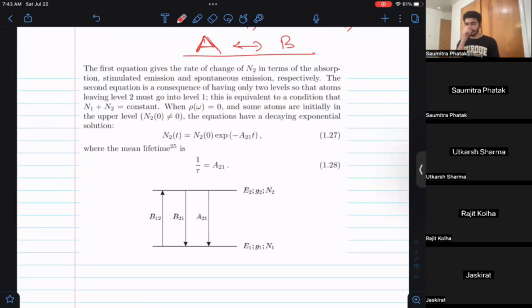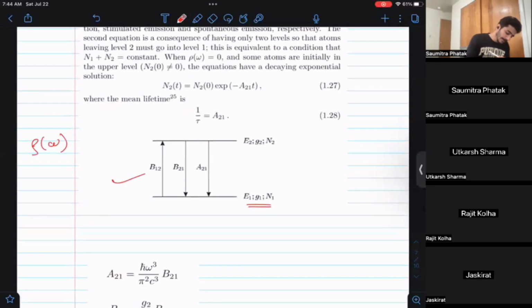And once you take Planck's equation in mind, we already talked about this, that there are three processes that are possible in the two-level system. So when you take Planck's formula for energy density rho of omega and substitute that, there is a nice section in chapter one of Foot's book that gives you exactly the same information about the Einstein coefficients that I am talking about right now.